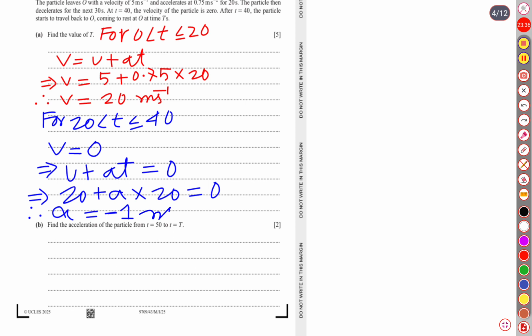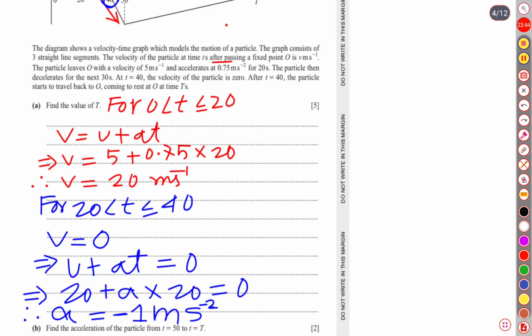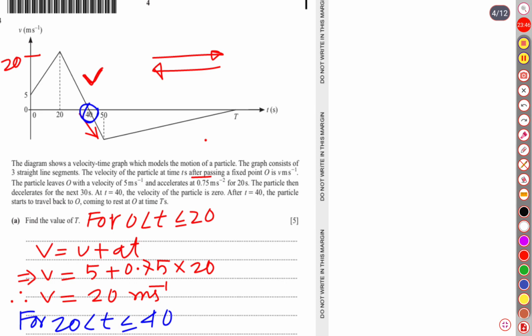meter per second squared. As we have already obtained the acceleration at the second stage, then we will find how much this velocity is, because at this point, how much is this velocity, it should be obtained.